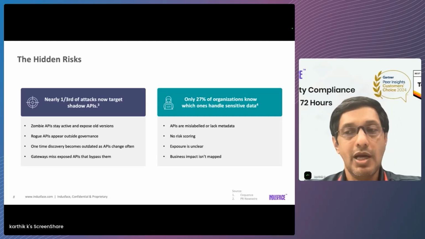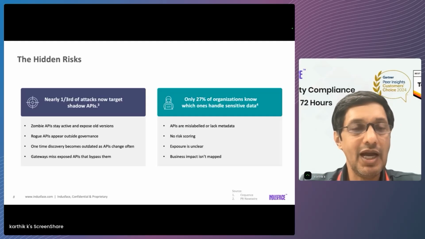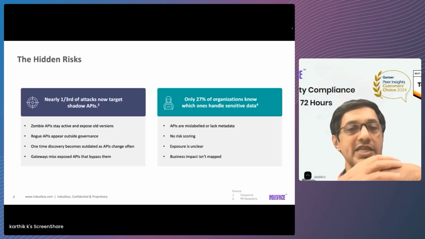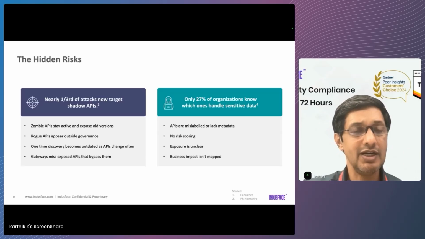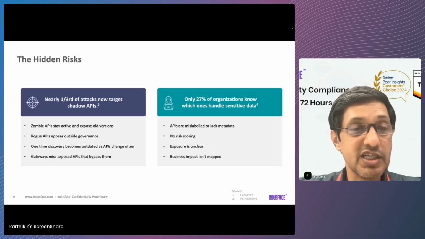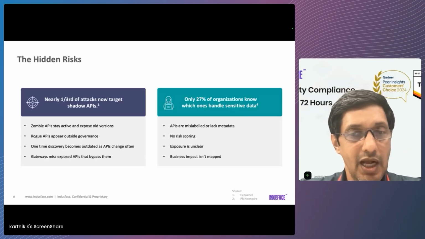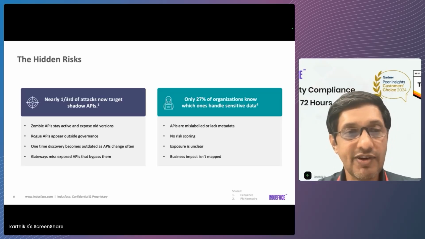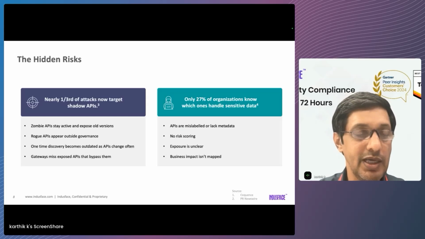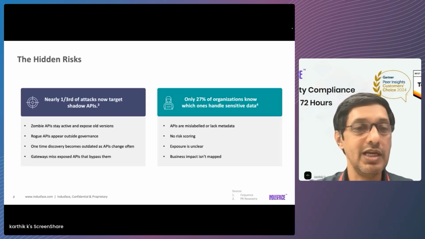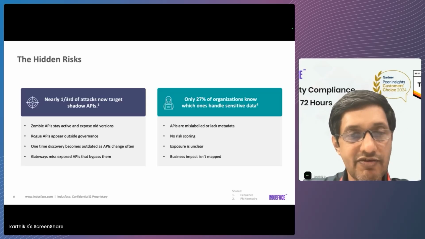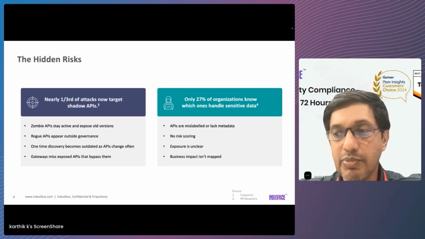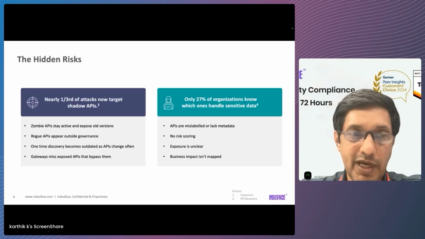With the pace of development, trying to expose value or discover new value with your existing business, this kind of race means APIs get changed very frequently, much more frequently than before. When this happens, you start having problems with shadow APIs.